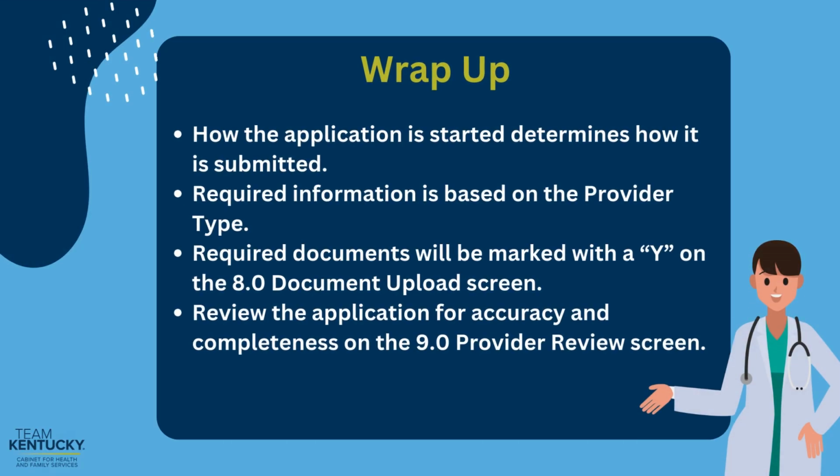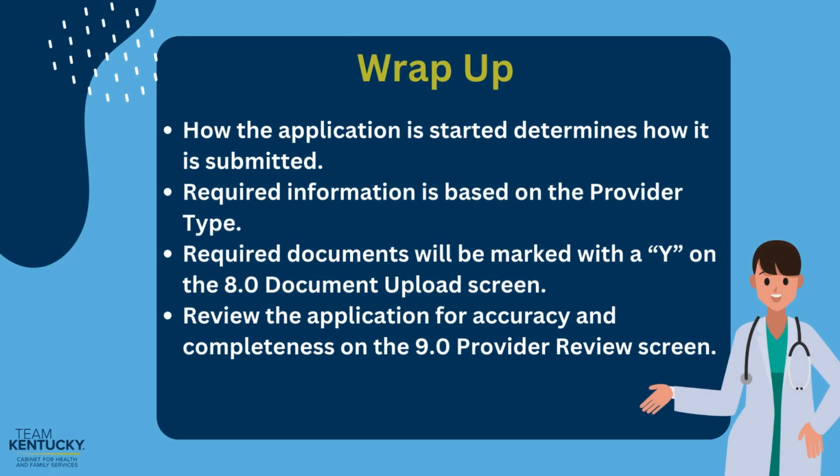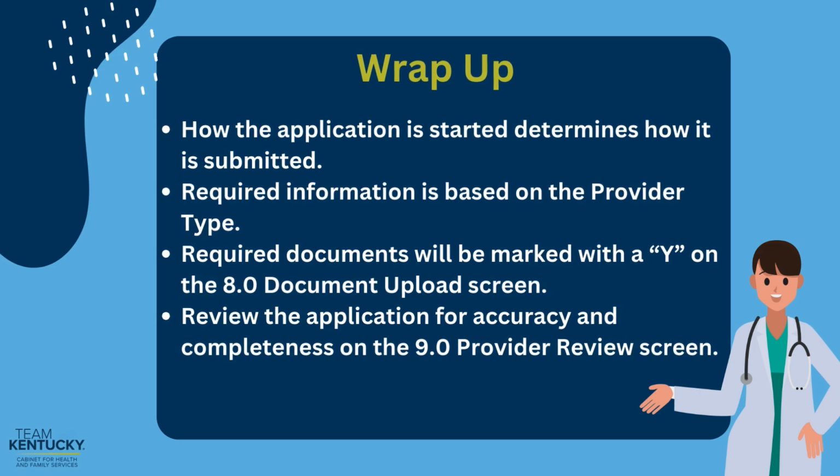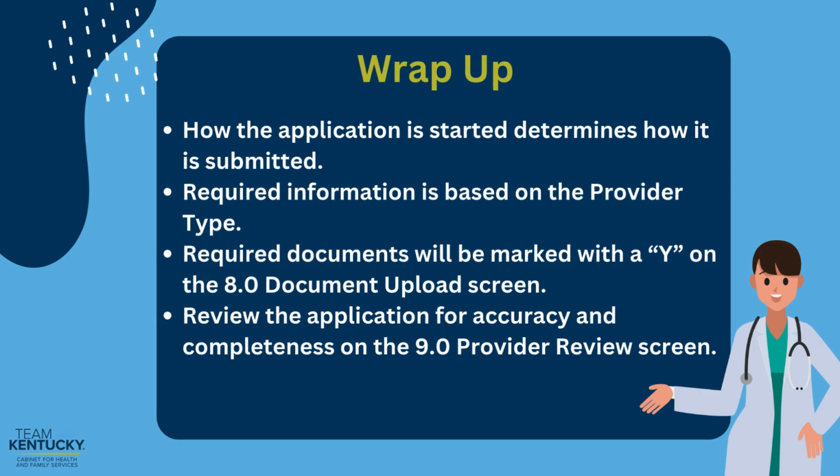To review, please note the following key points. How the application is started determines how it is submitted. Required information is based on the provider type. Screens 1.3 and 1.4 are pre-populated from the Basic Information screen.